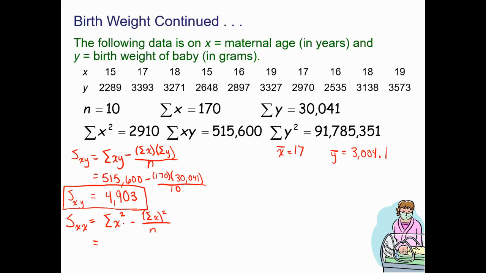Okay, so the sum of x's squared, 2910, minus 170 squared divided by 10.